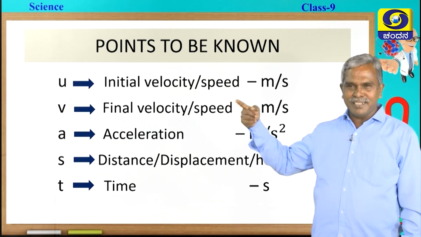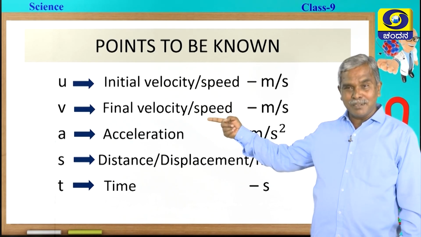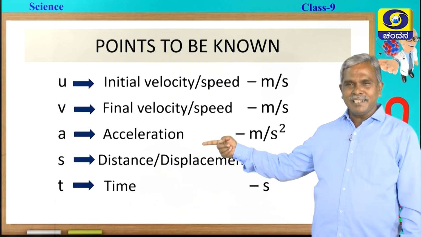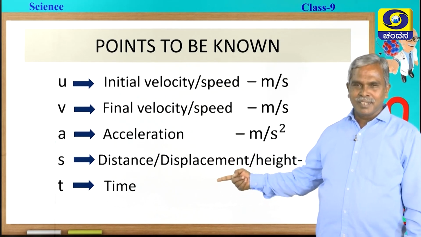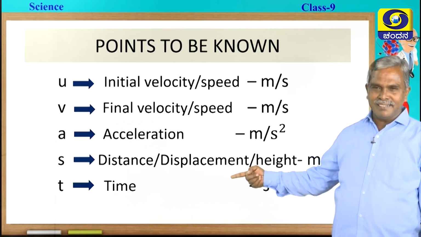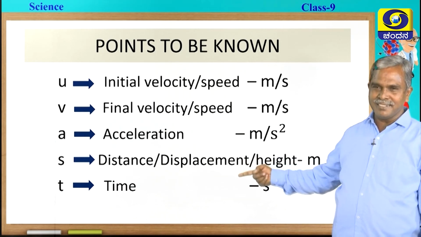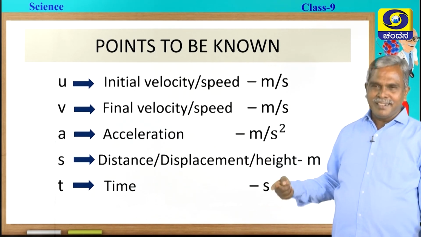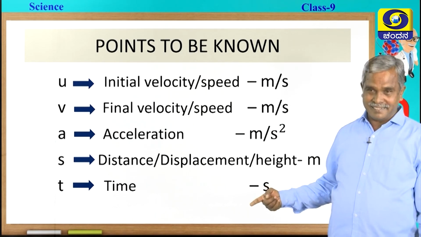V is called the final velocity or speed, and its SI unit is meter per second. Acceleration is represented by small a and its SI unit is meter per second square. S is nothing but a distance or displacement or even height, its SI unit is m, and the time is nothing but t and its SI unit is s.